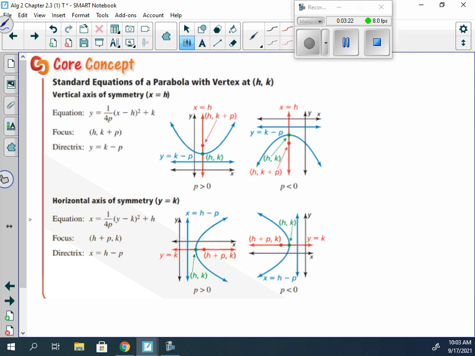Axis of symmetry is x is equal to h. Focus, h plus p comma k.